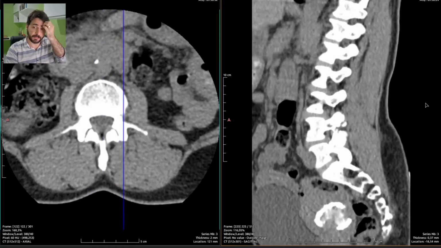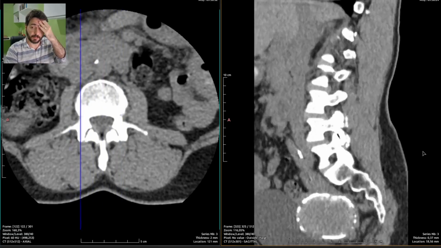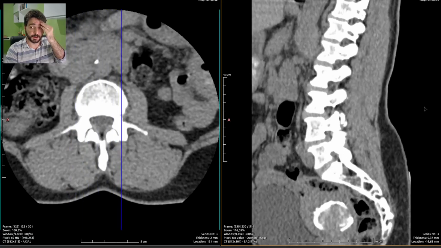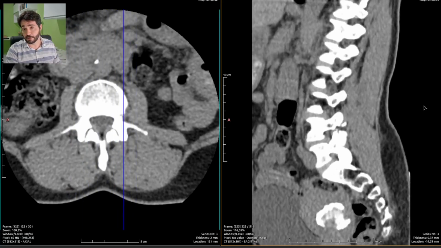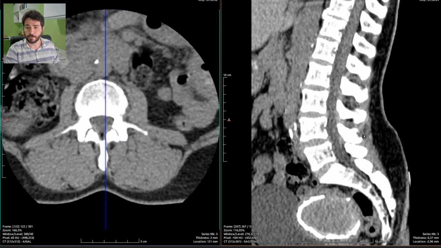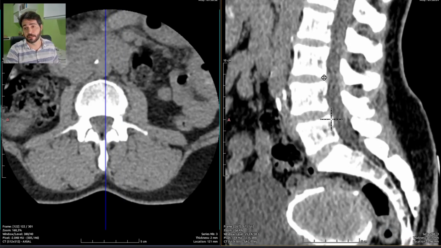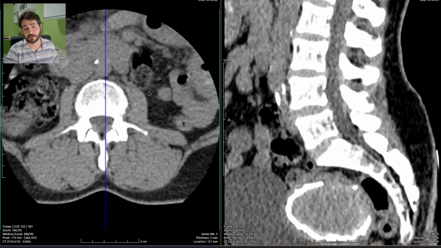I just can't really agree with the pain being mostly on the right. I think this patient is suffering from lower back pain, mostly on the left. So I'm just going to zoom in and show you guys why I say that. So this is right and this is left.